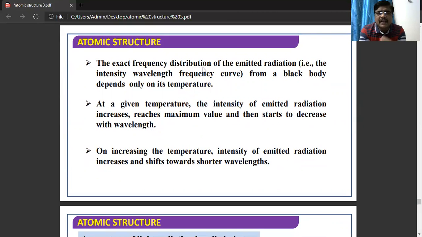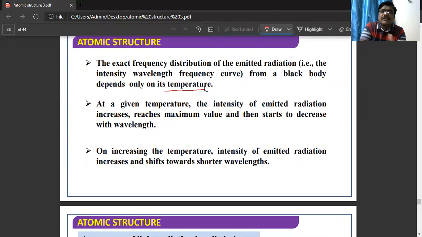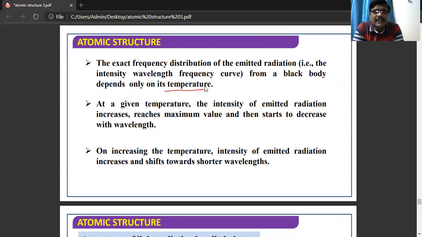So see here, this is the frequency distribution. What we have seen in the graph from a black body depends on its temperature. At a given temperature, the intensity of emitted radiation increases and reaches a maximum value and thereafter decreases.